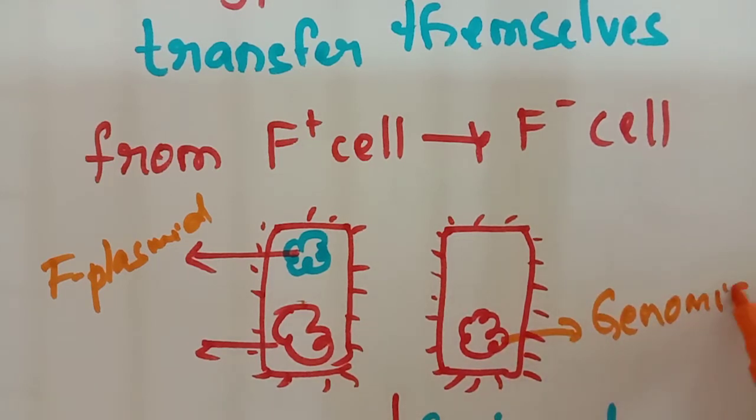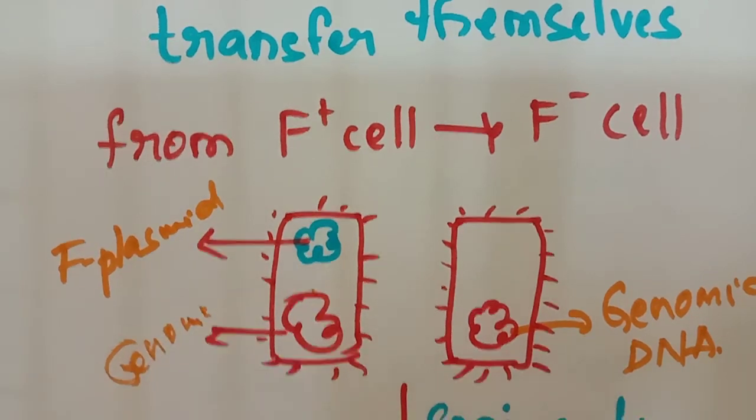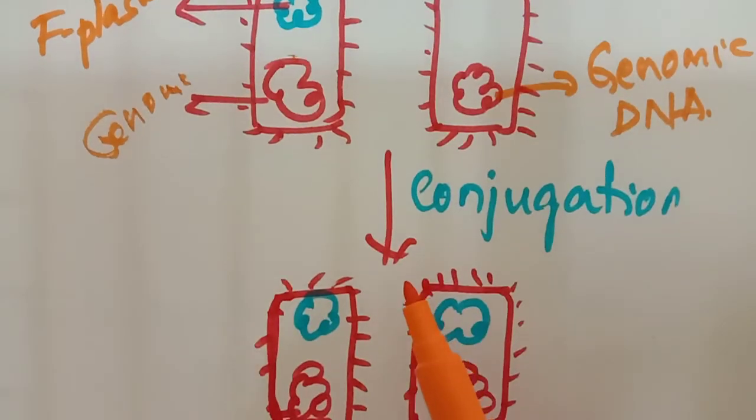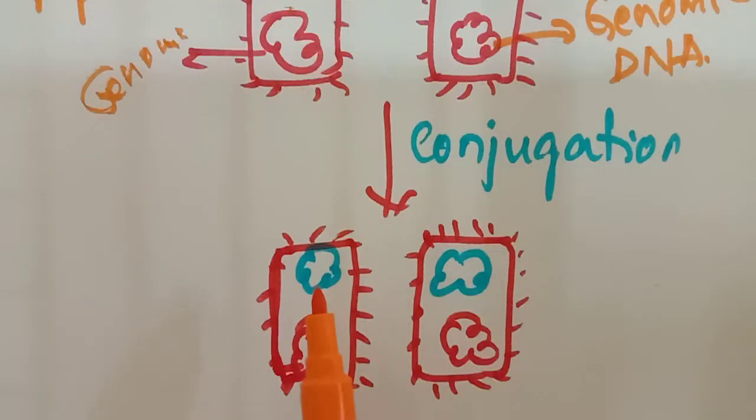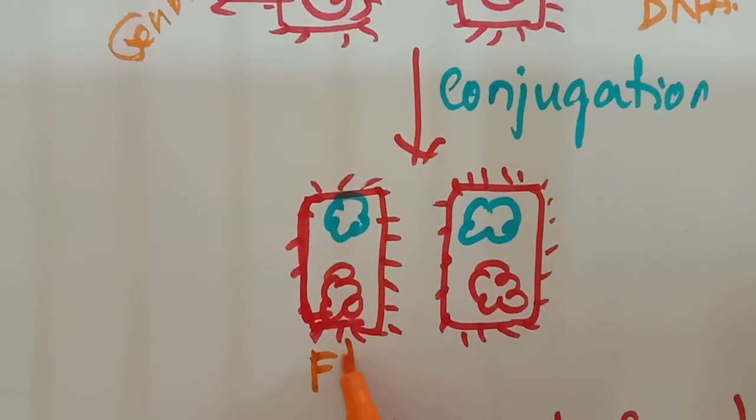So F minus cell does not have the F plasmid, whereas F plus cell has the F plasmid in addition to the genomic DNA. What happens during conjugation is that the F plus cell transfers its F plasmid to the F minus cell, so that at the end of the conjugation, both of the cells will become F plus cells. This is one of the phenotypic traits.